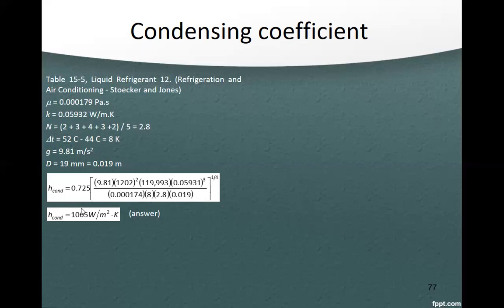Therefore, substitute values. h con is 0.725 times 9.81 times 1202 squared times 119,993 times 0.05932 cubed over 0.000174 times 8 times 2.8 times 0.019, to the 0.25. So h con is 1065 watts per meter squared Kelvin. This is now the answer.